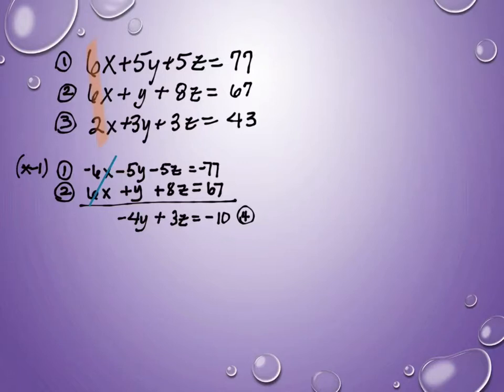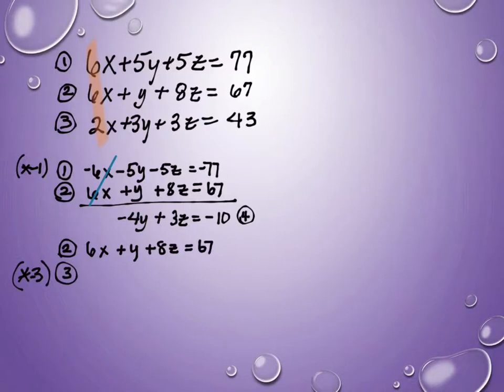Okay, we could do equations 2 and 3. Can we add them exactly as is there, or do we need to manipulate one of them? Okay, so we're going to multiply our third equation by negative 3. So my second equation stays the same: 6x plus y plus 8z equals 67.